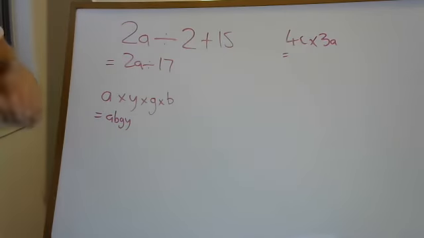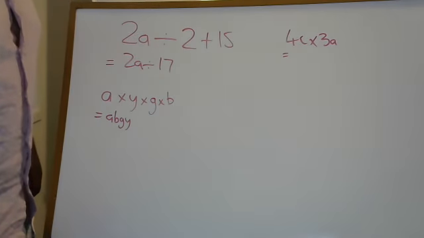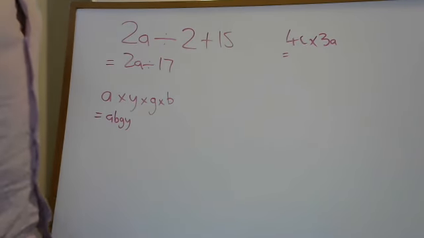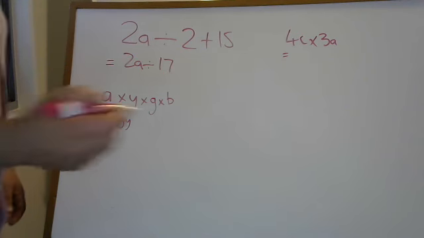What would that give us? 4c times 3a would be 12ac.